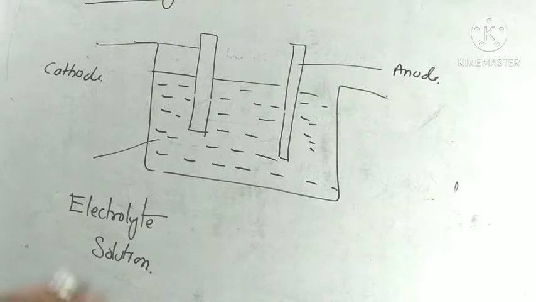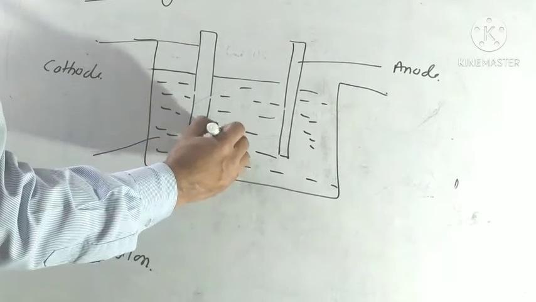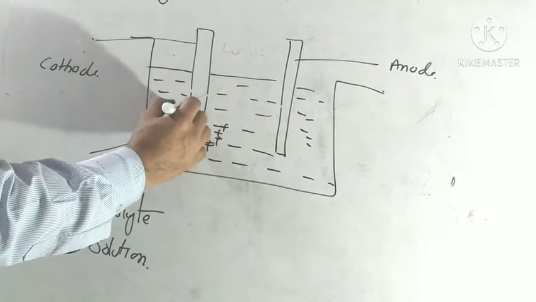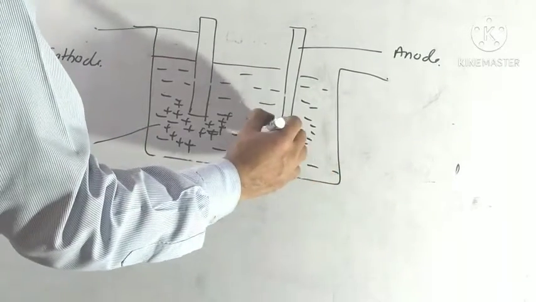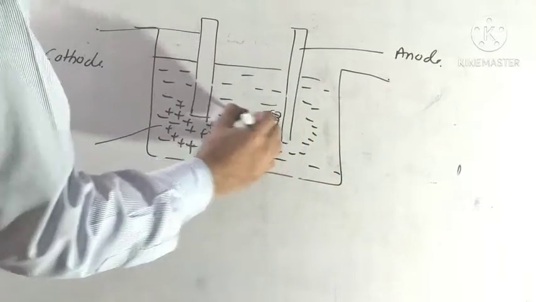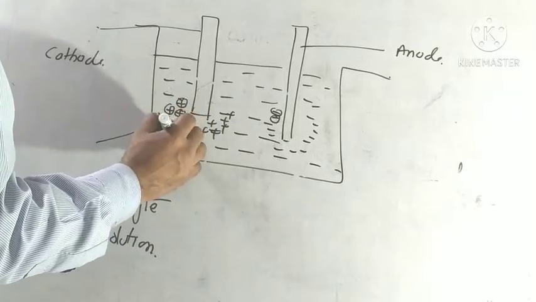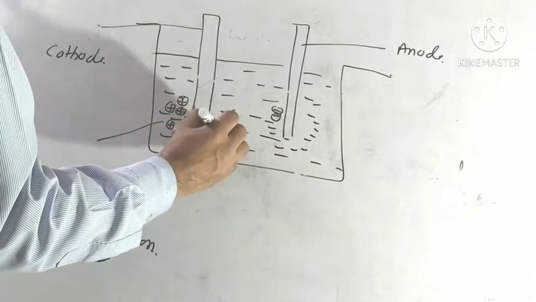When electricity passes through it, the solution breaks down into positive ions and negative ions. Positive ions are attracted towards the cathode and are called cations.